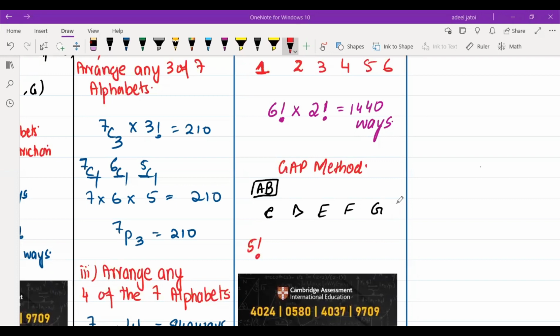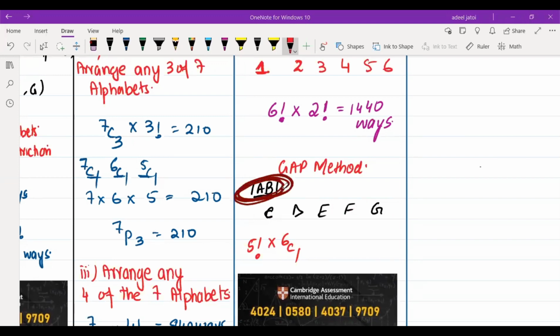So if I just want to adjust AB, I have 6 gaps. To write this down, we write 6C1. Our alphabets were arranged and our gaps filled in, because this AB can be placed in 1 gap out of 6.